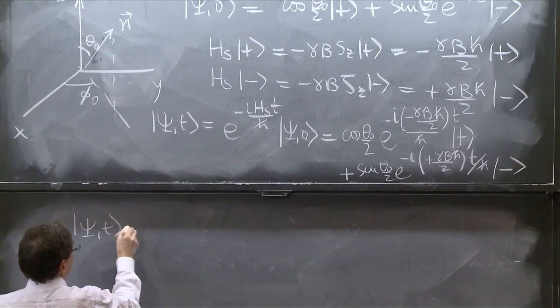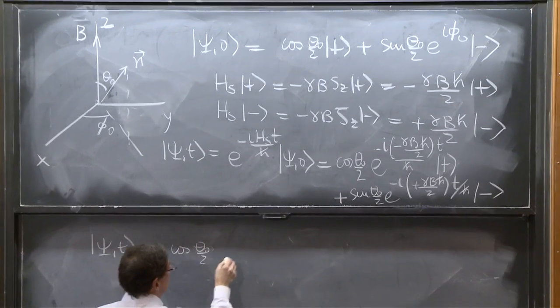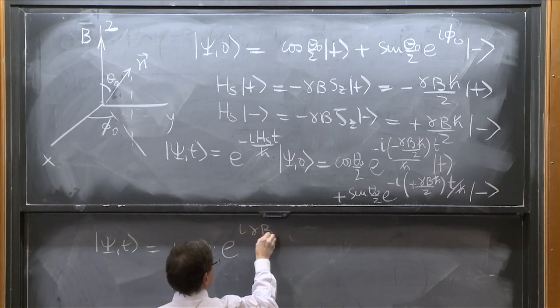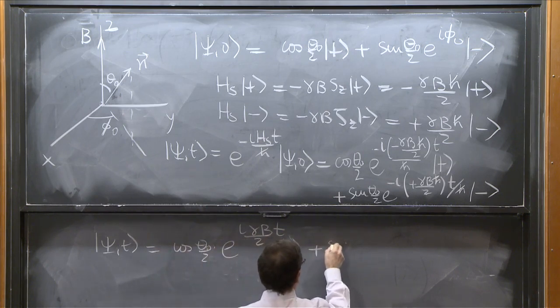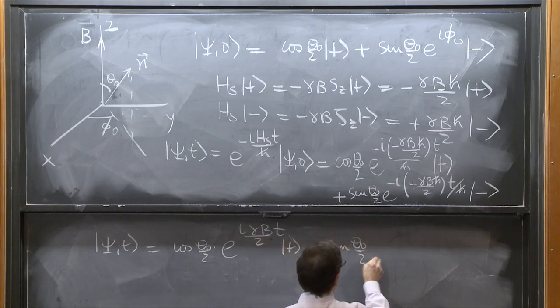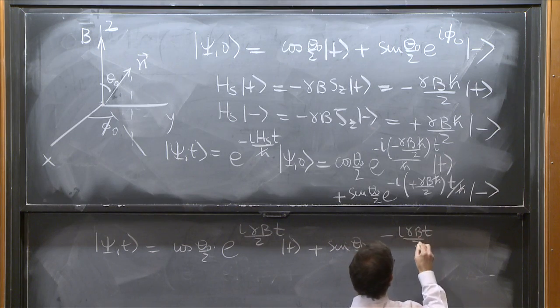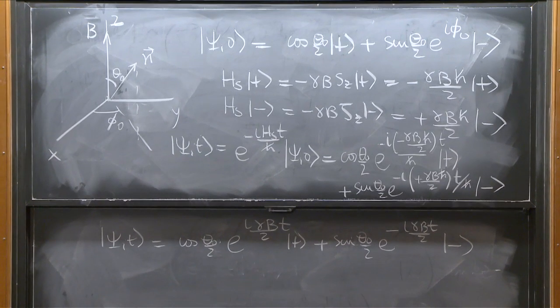Psi t is equal to cosine theta naught over 2 e to the i gamma b t over 2 plus, plus sine theta naught over 2 e to the minus i gamma b t over 2 minus. Now, I hope I got my signs right. Yes.